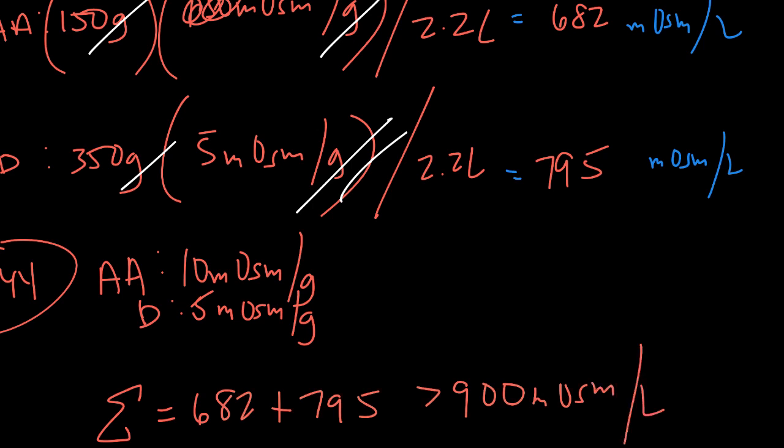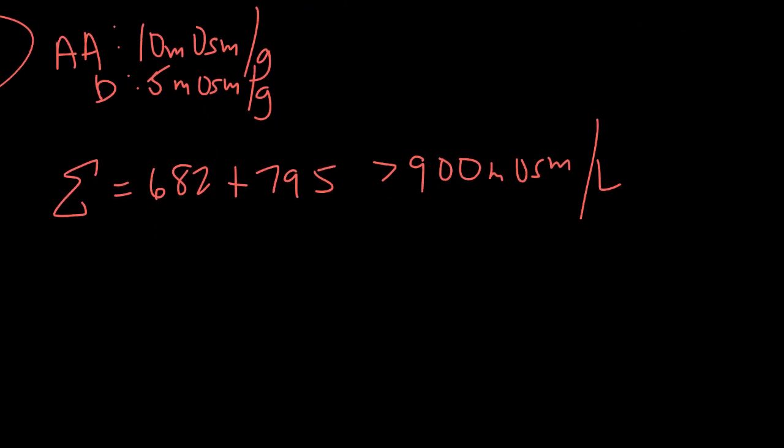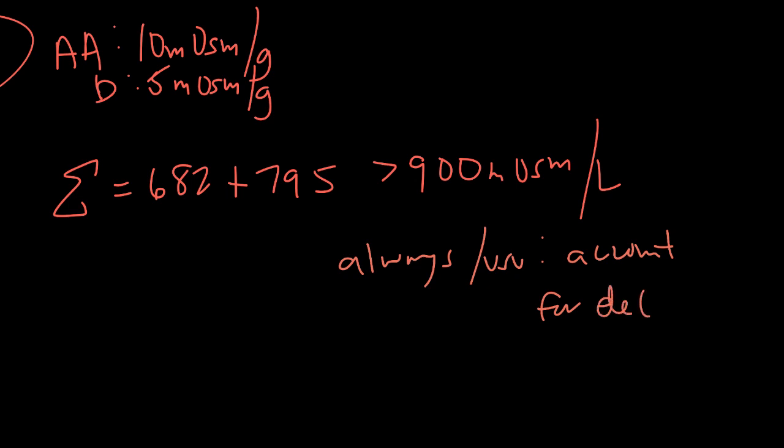The reason we didn't use the electrolytes: usually, pretty much always, you account for your electrolytes, for example your sodium chloride, your calcium gluconate, your potassium phosphate, because they contribute osmolarity in your osmolarity calculation.